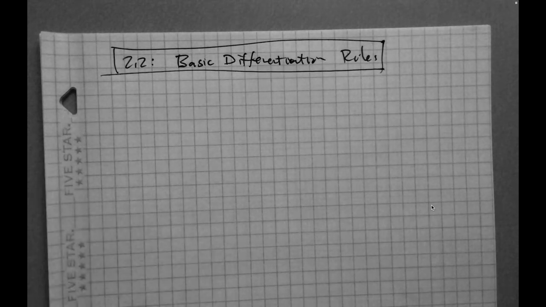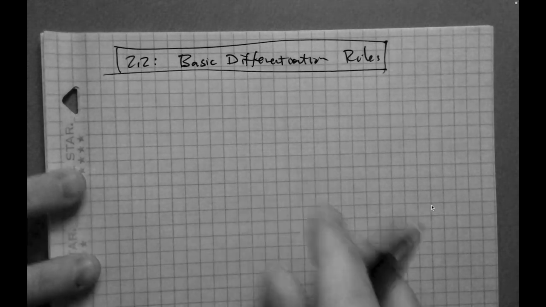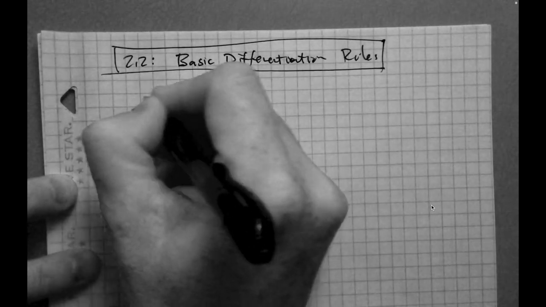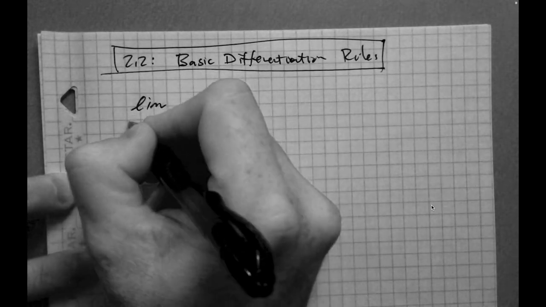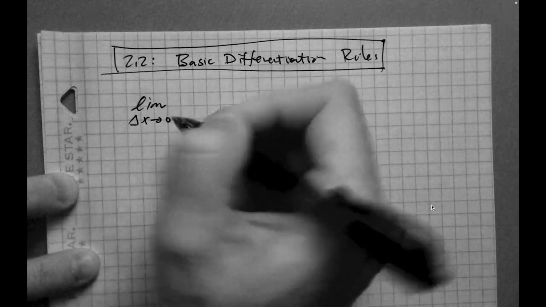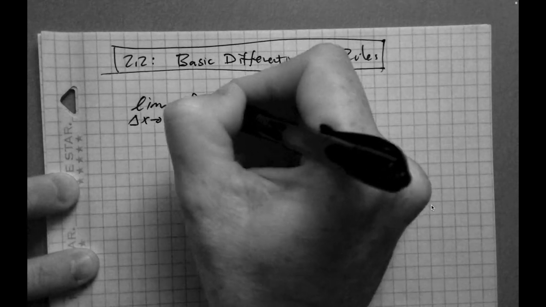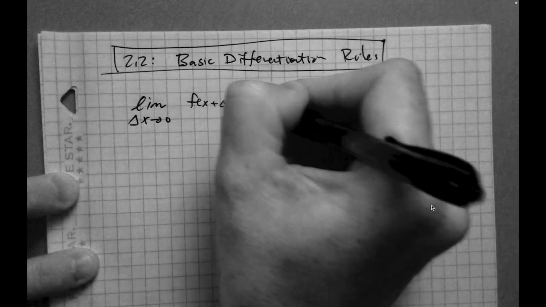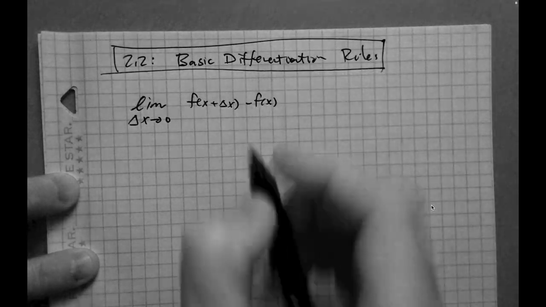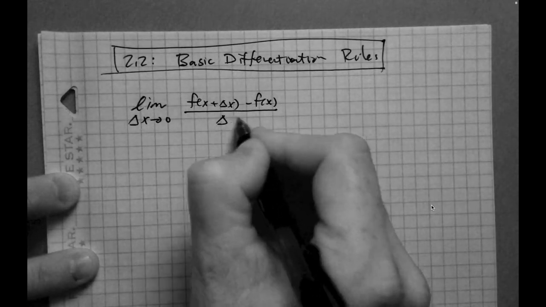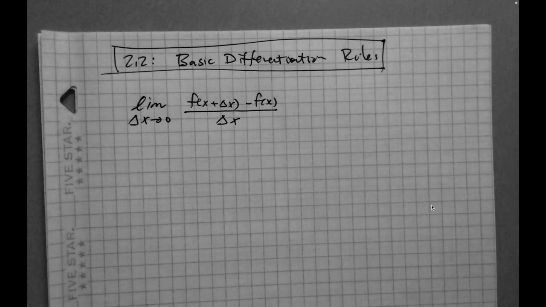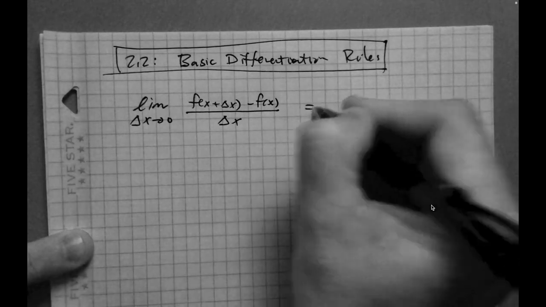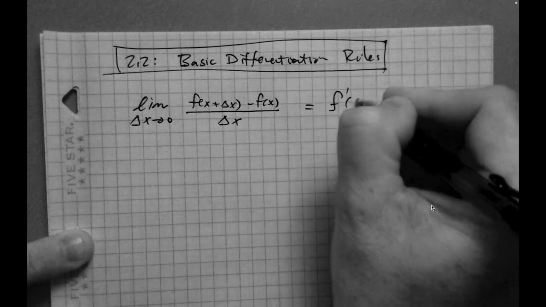So previously we used the limit definition, right? So remember, the limit definition said that the limit as delta x goes to 0 of f of x plus delta x minus f of x, all divided by that delta x variable. So that was going to be the definition of the derivative.